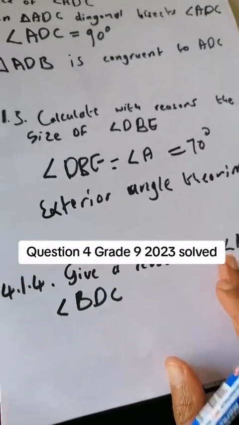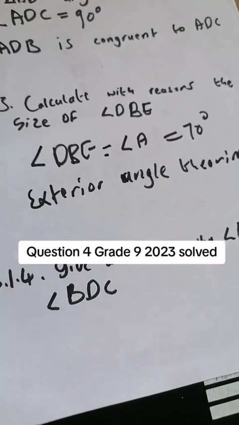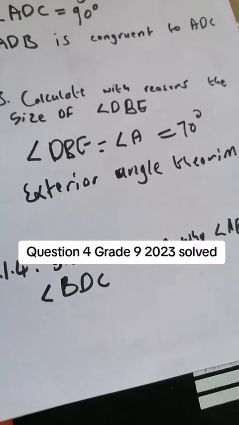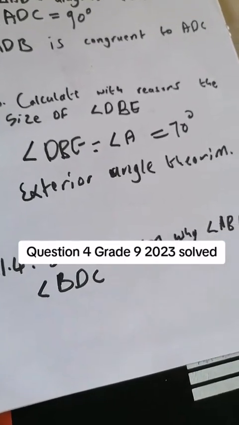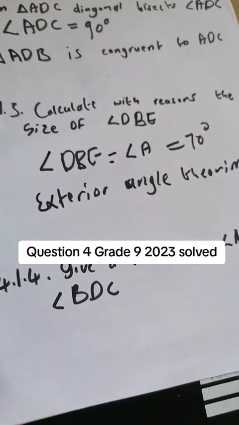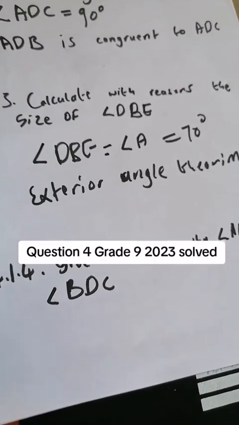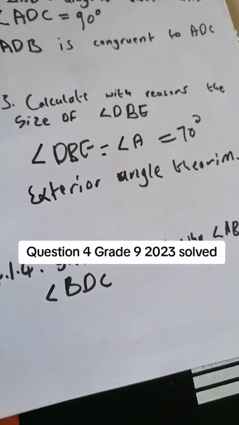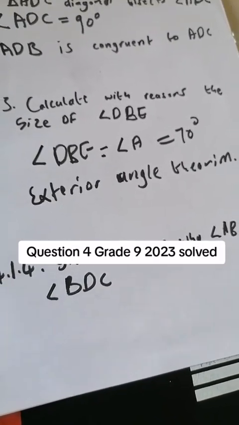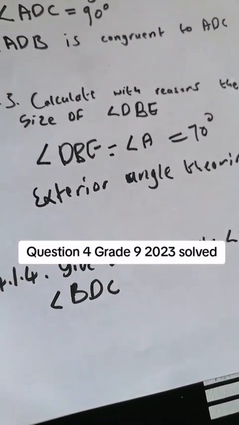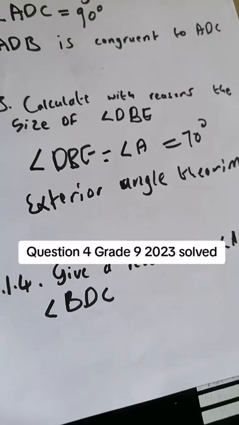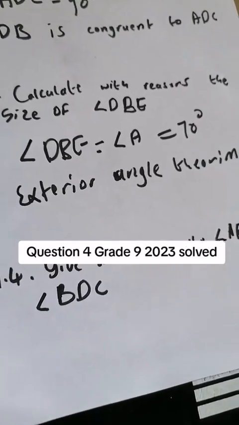Now, the last one, they say give the reason why angle ABD is equal to angle BDC. Again, now they need the reason. Your reason can be that the diagonals of a rhombus bisect opposite angles equally.